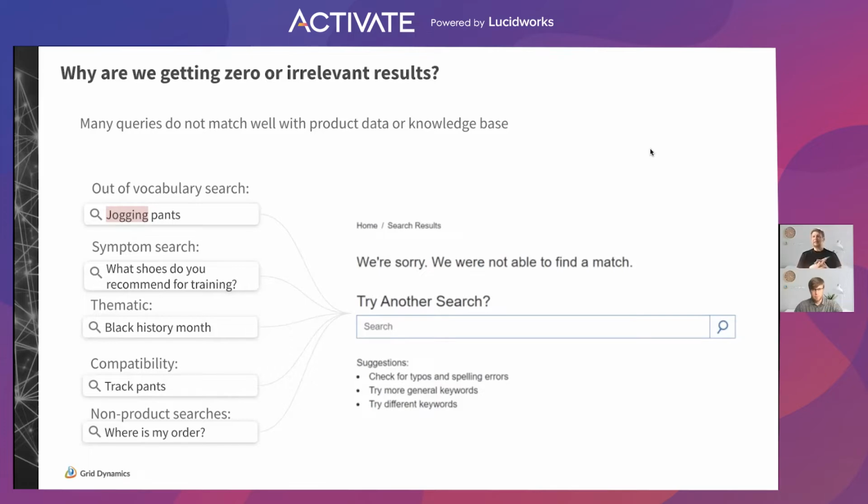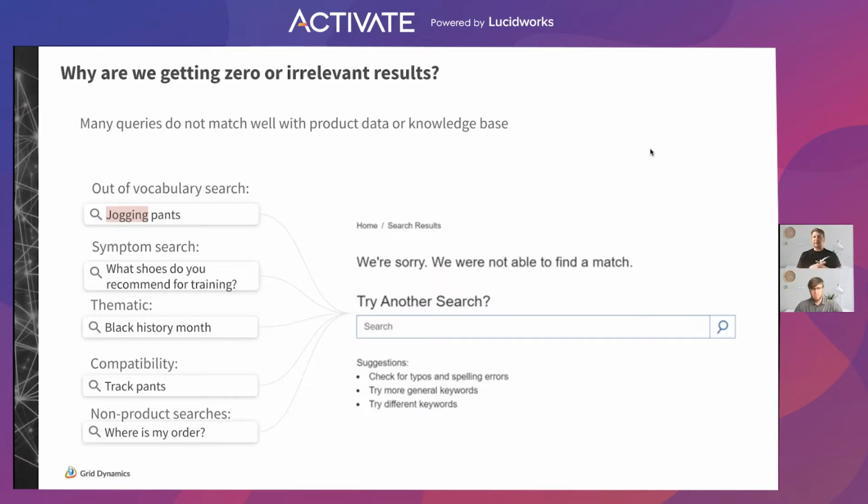Compatibility queries, when we are searching for something which complements different products, or even non-product searches, sometimes when customers are just searching for something which does not exist in our catalog, and they have to be referred to a different part of the site, are also problematic kinds of searches.